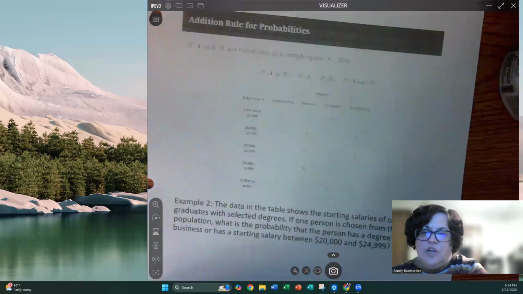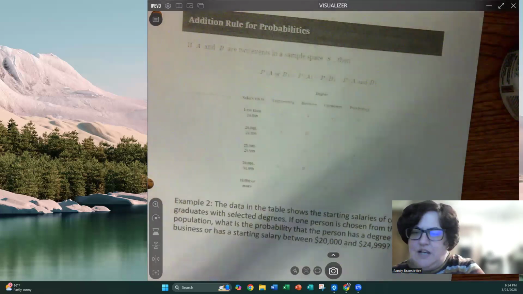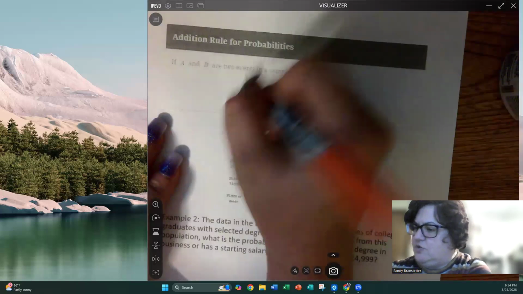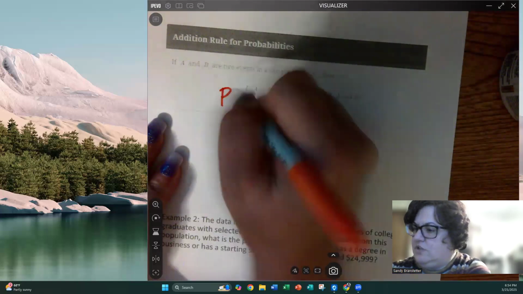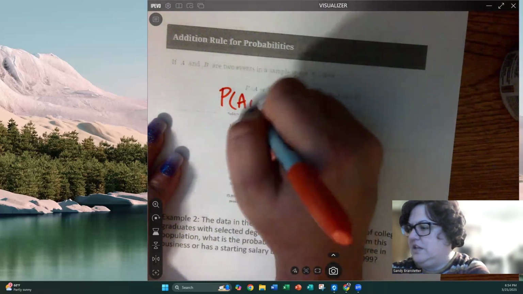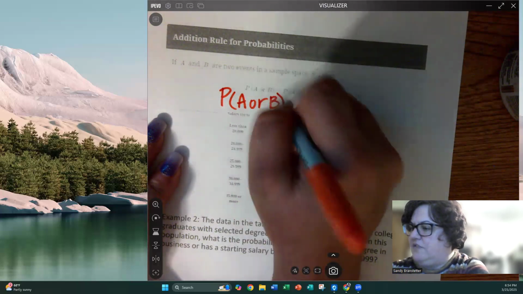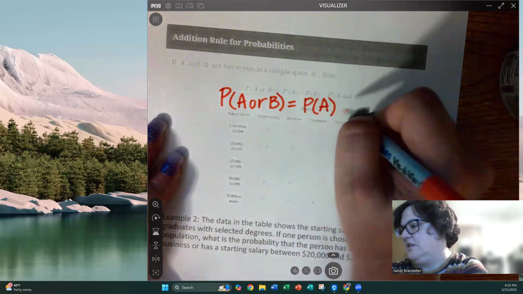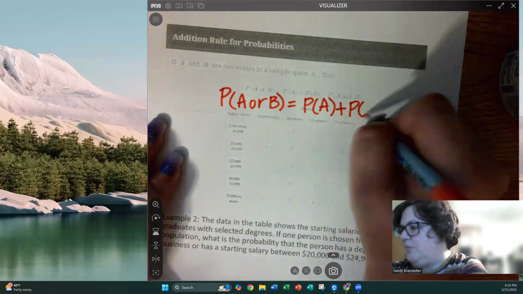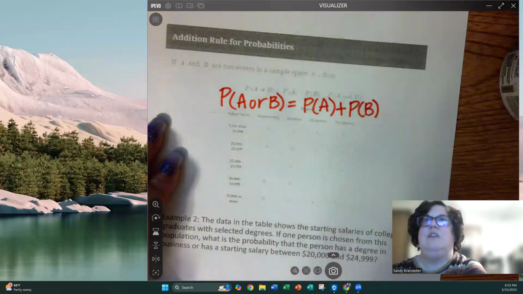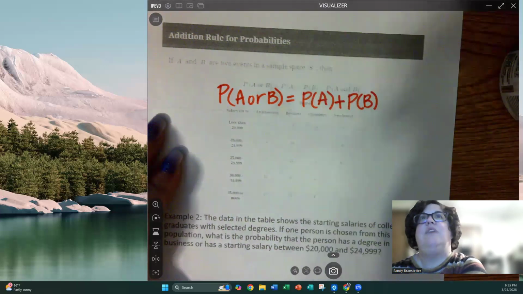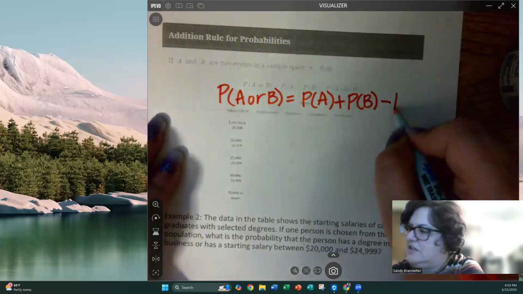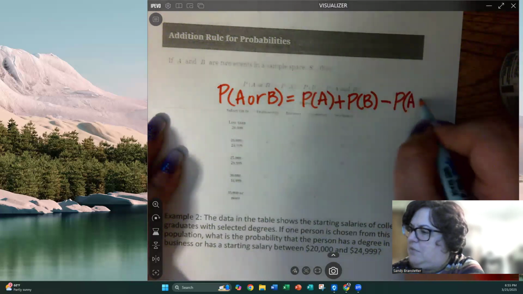So as we're looking at this in table format, the other thing we want to keep in mind is, and I do apologize that this is too light, so I'm just going to write it again. If they have something in common, then we don't want to count it twice. So we have the probability of A plus the probability of B. But if they have something in common, we want to subtract that overlap.